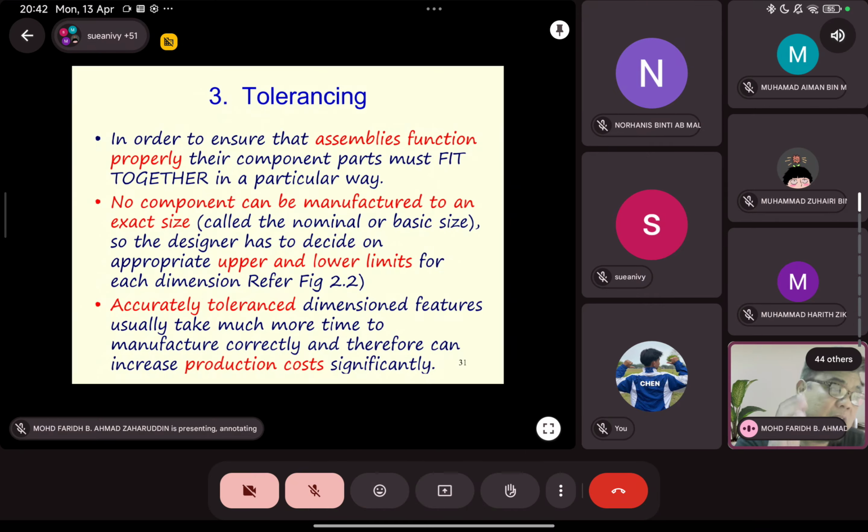All right, so a more accurate dimensional tolerance usually takes much more time. If you give the fabricator a large gap, for example 20 mm diameter plus minus 0.500, compare it with 20 mm diameter plus minus 0.010.